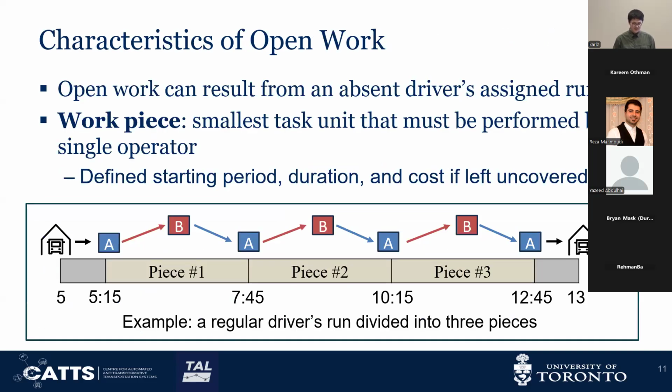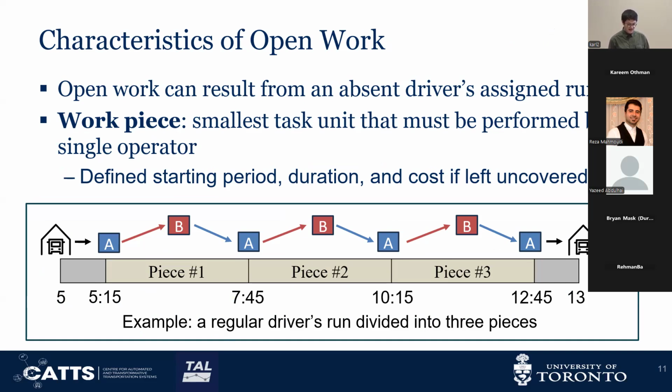And now let's take a deeper look at open work. The most common way open work occurs is the absence of a regular driver. And here we define a concept known as a work piece. So a work piece is the smallest unit of task that must be performed by a single operator, and it cannot be broken up.